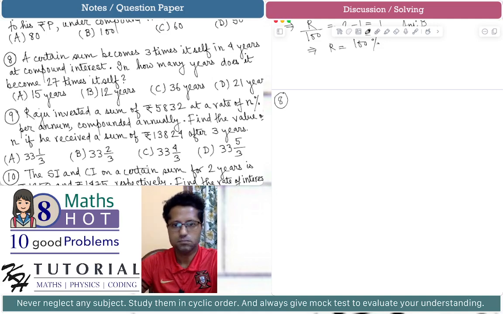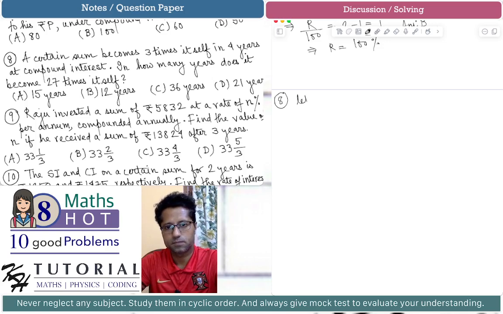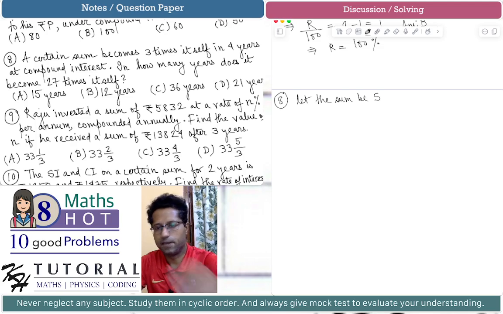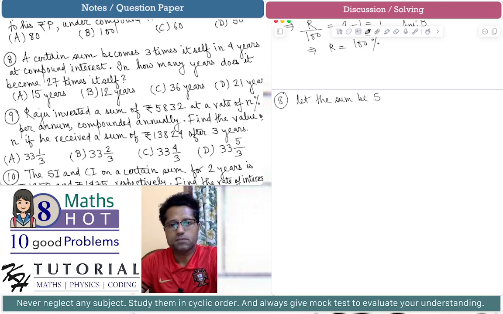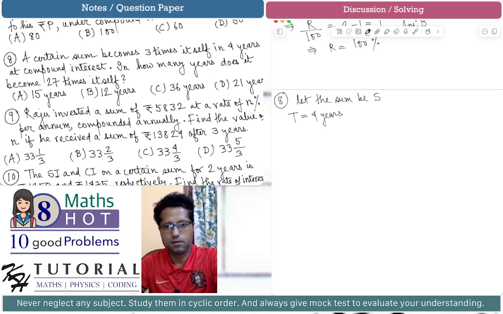Okay. So now when it is asking in how many years does it become, it means the same sum. So let the sum be S. So we know that t is given to be 4 years for the first information, that is, a certain sum becomes 3 times itself in 4 years at compound interest.